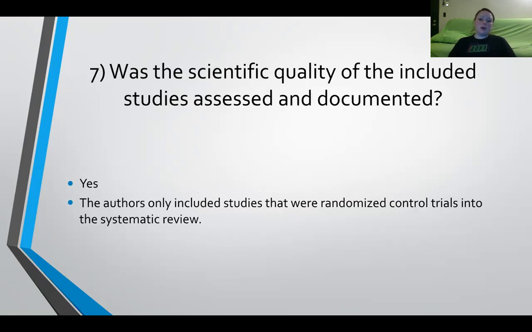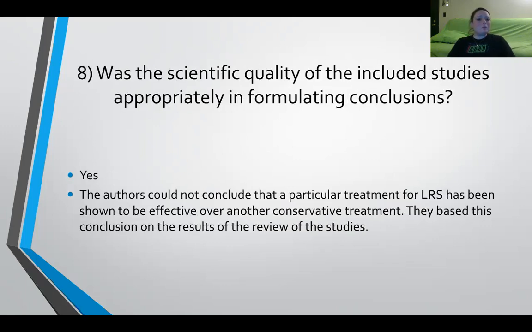The scientific quality of the included studies was assessed and documented. Yes. The authors included studies that were randomized control trials in the systematic review, so no case reports, no retrospective studies, anything like that. Was the scientific quality of the included studies appropriate for forming conclusions?